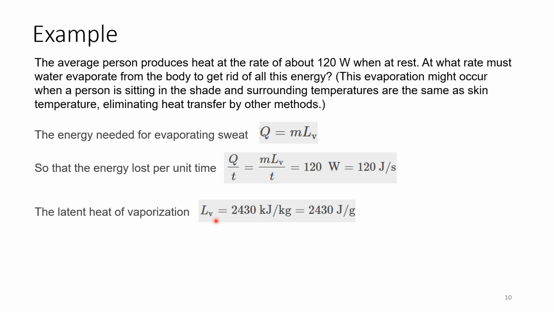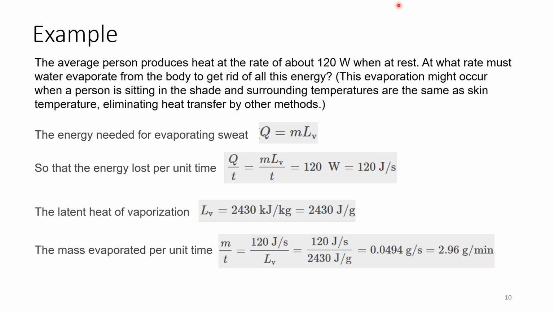The latent heat of vaporization, L sub V, is 2430 joules per gram, so the mass evaporated per unit time is 120 over L sub V, and we get 0.0494 grams per second, which is the same as 2.96 grams per minute.